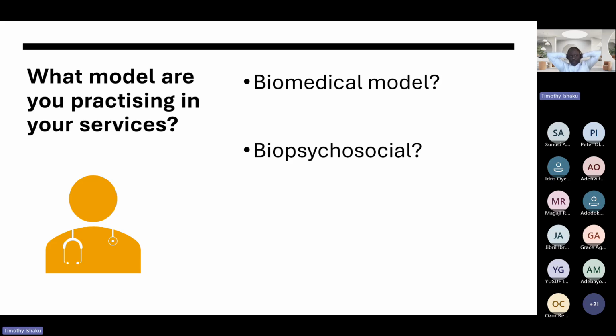The question now is, whether you knew about these models before now, what models are you using in your practice, those two models we just discussed, and how do you apply this in your practice? Or what sort of components do you think apply to your practice?